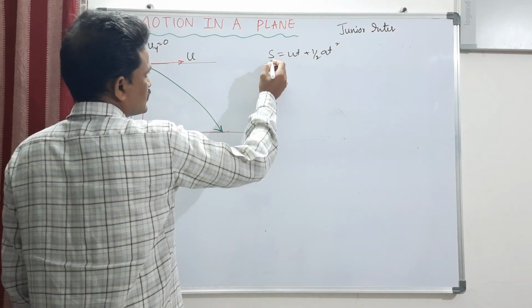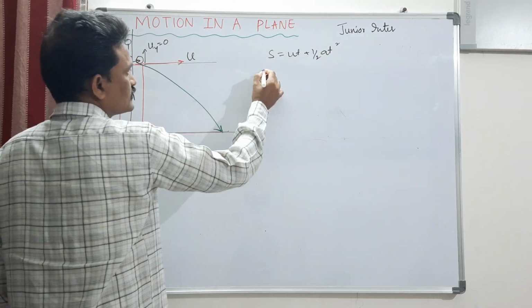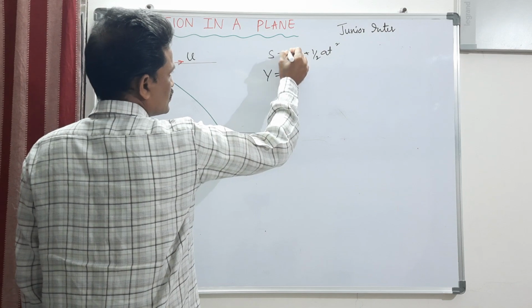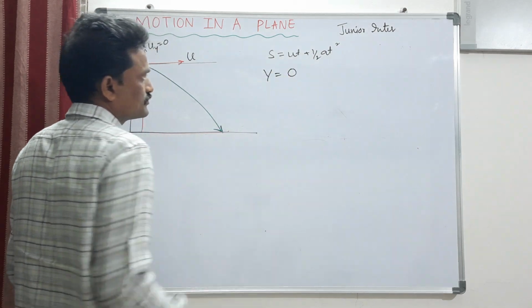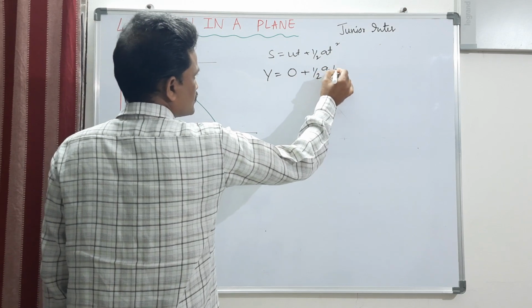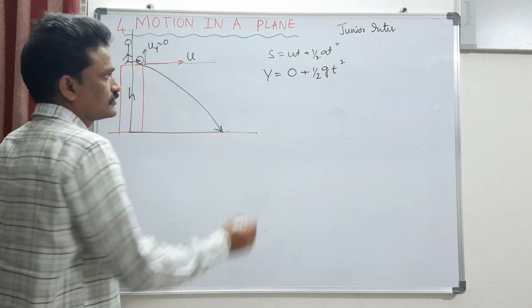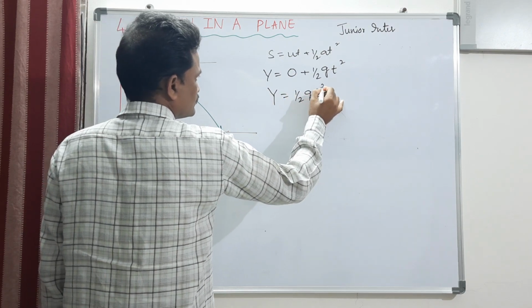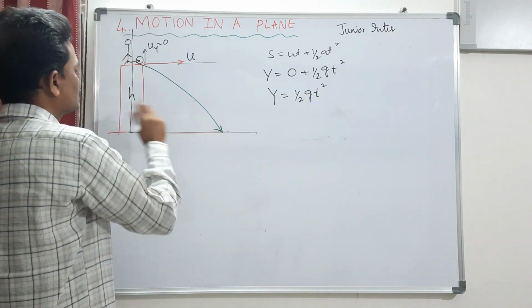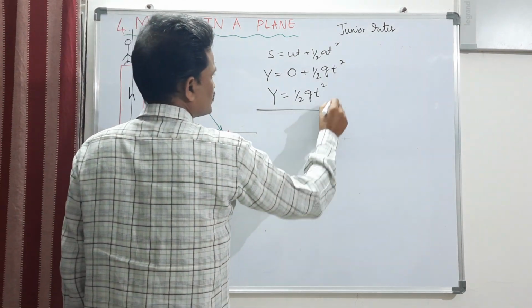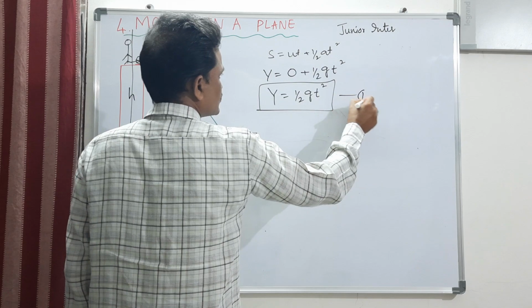Along the y-axis, s is y, and u is 0, so this becomes 0 plus half gt square. So our first equation is y is equal to half gt square. Instead of y, you can substitute h also, that is the height of the tower. This is equation number 1.